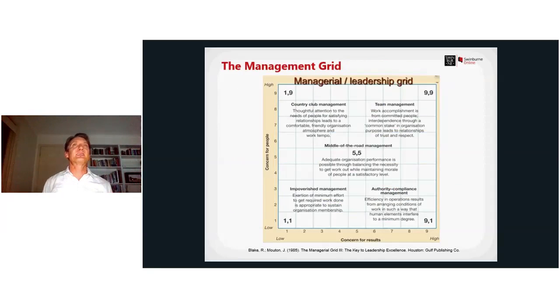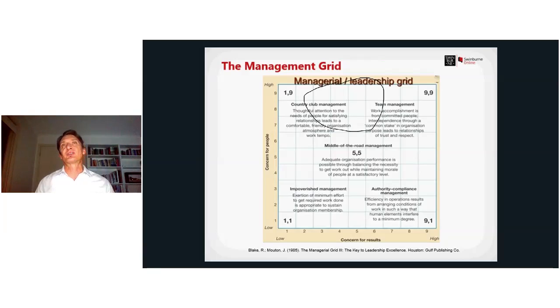This sort of breaks that down a little bit further. I'm not going to go into this in too much detail. I think all of these management approaches are appropriate, and just for the fact that I have a very short time for this presentation, I'm not going to address this in any more detail, but it is a really good reference tool. It talks about where you can focus your attention, and you can see from a team management perspective, the real focus here is on getting to a point where we're operating at a 9-9 level.